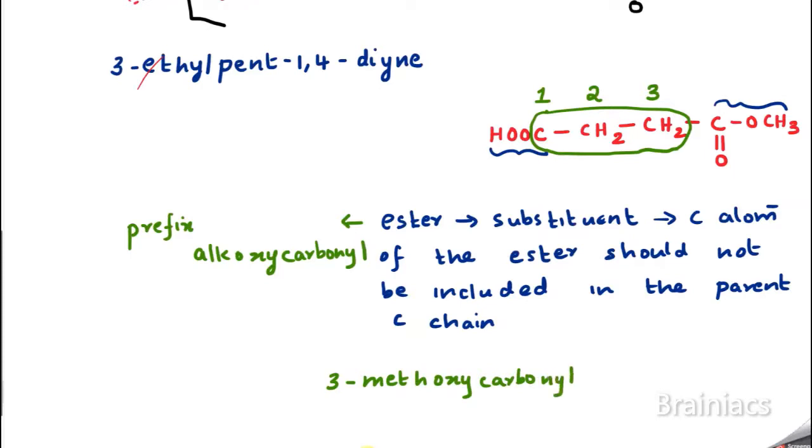In the parent chain there are 3 carbon atoms, so the word root is prop, correct? They are linked through single bonds, so we use the term propan, and at the first position you have oic acid. So my answer is 3-methoxycarbonylpropan-1-oic acid. I hope you understood. Very, very important. Please learn this example.